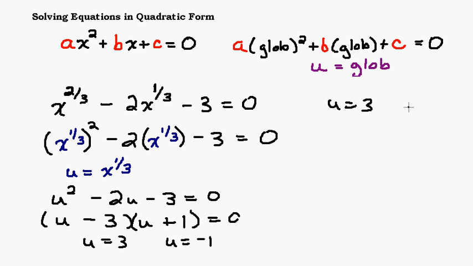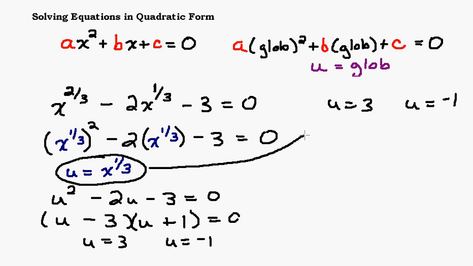U is 3, u is negative 1, and we got to use this relationship here and substitute back and figure out what x is. So u equals x to the 1/3, so 3 equals x to the 1/3, or negative 1. I should say or. Either or, right? They're both solutions.